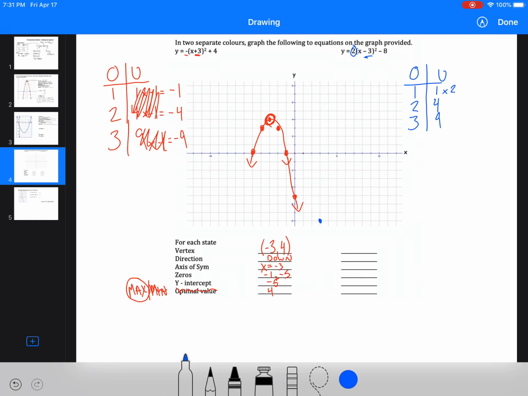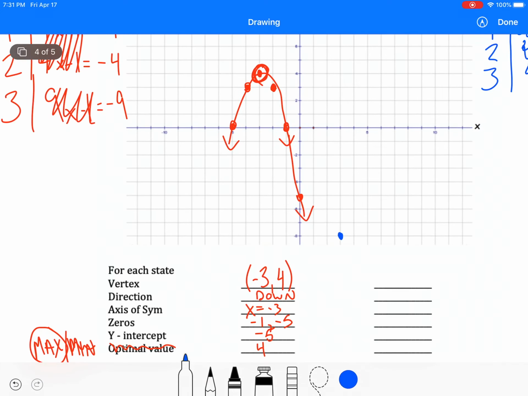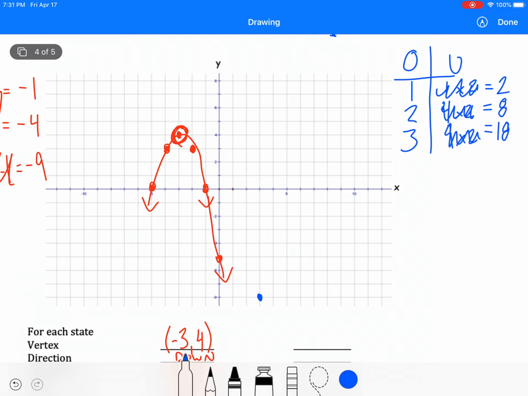So 1, 2, 3, 1, 4, 9. We're timesing it by our a value, times 2, times 2, times 2. So that becomes 2, that becomes 8, and that becomes 18. That one might be too big to get on the graph, but that's okay.